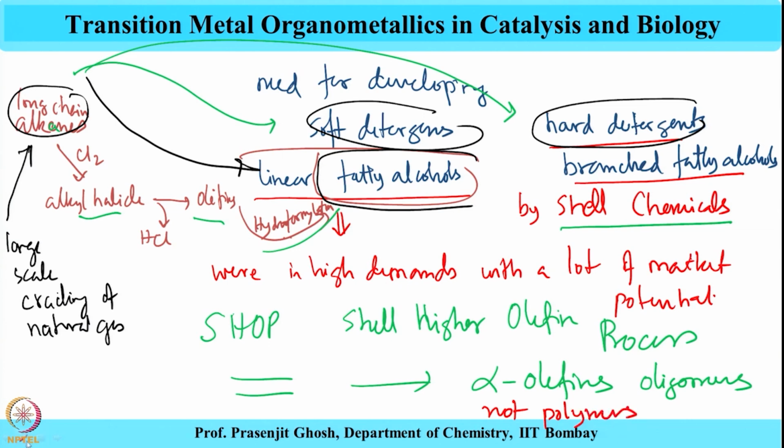The catalyst used for this is nickel. Nickel was found to produce alpha olefins from ethylene. But the other process also went on to become a very big industrial hit and even won a Nobel Prize, and this is Ziegler-Natta polymerization. If the same olefin is taken with titanium and aluminum halides, then it can make polyolefin polymers.